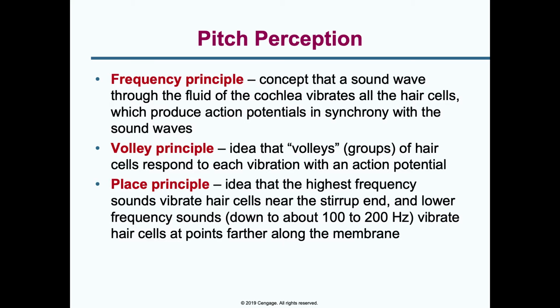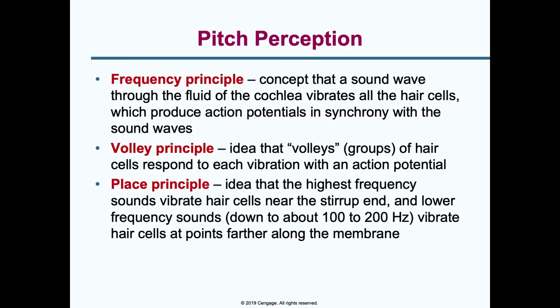All right. Then we have the place principle, which is kind of the highest frequency or pitch because it vibrates these hair cells, and it takes place. So it's where the sounds vibrate the hair cells. That's why it's called place. It vibrates them near what we call the stirrup end, and it vibrates them further along down on the membrane.